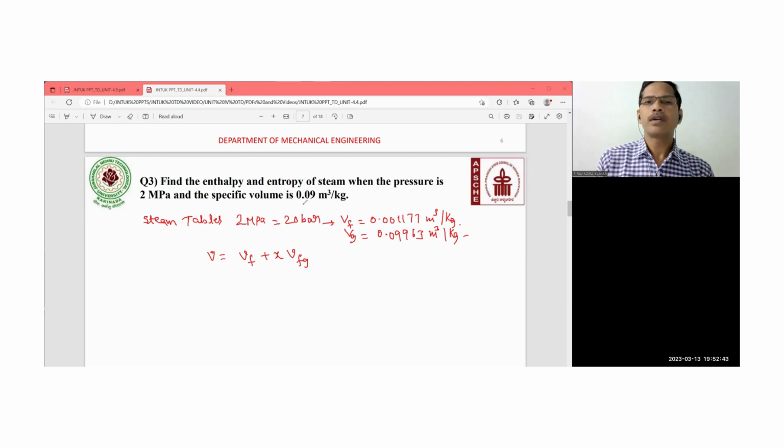Observe this: when you note down Vf and Vg values at 20 bar, you conclude that this value lies in between these two. Vg is 0.09963, so this value is lying in between.